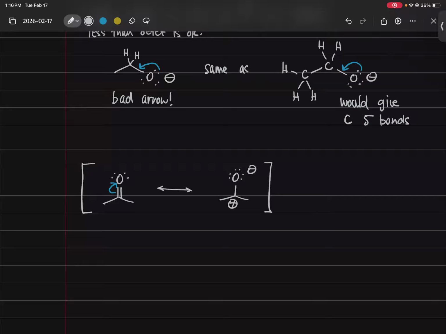The oxygen, well, these electrons were already associated with the oxygen. The fact that it has an octet does not change. But now it's got 3 lone pairs and 1 single bond, so it has a negative charge.